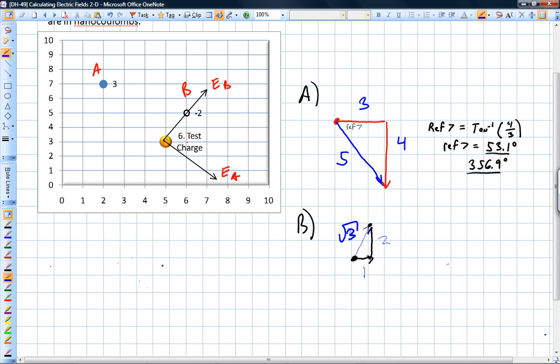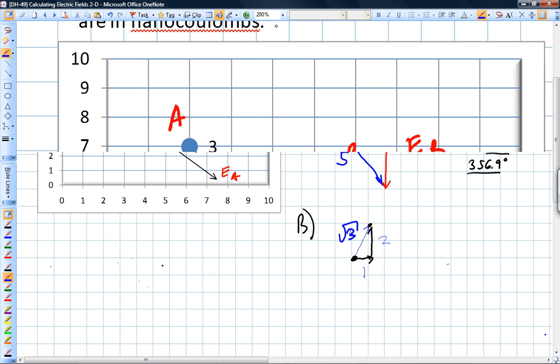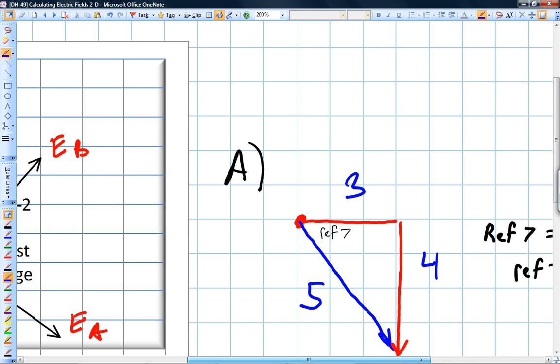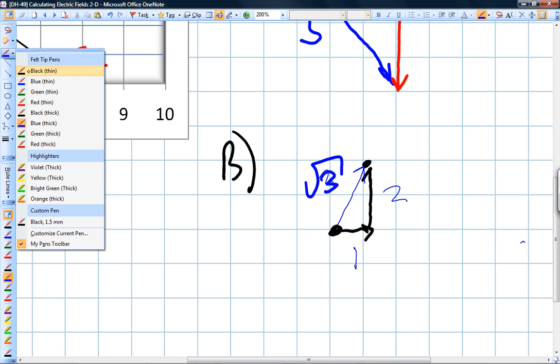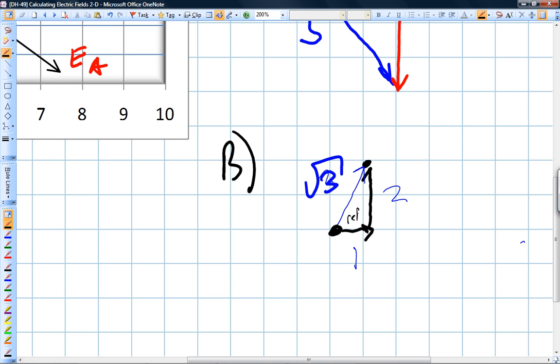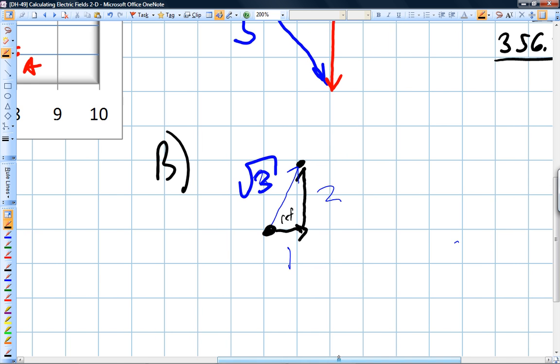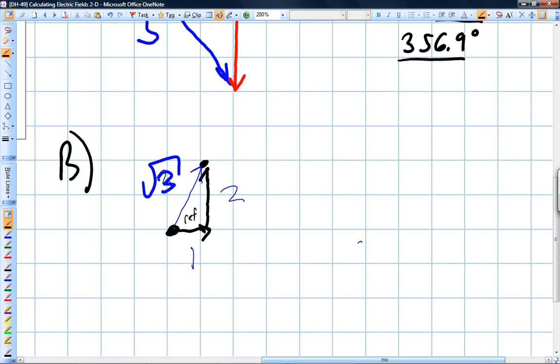Again, what we want to do is we want to get the reference angle. So over here, this would be the reference angle. And that's going to be given by the inverse tangent of the opposite over the adjacent. By the way, I got that using Pythagorean theorem, and it's a special triangle.